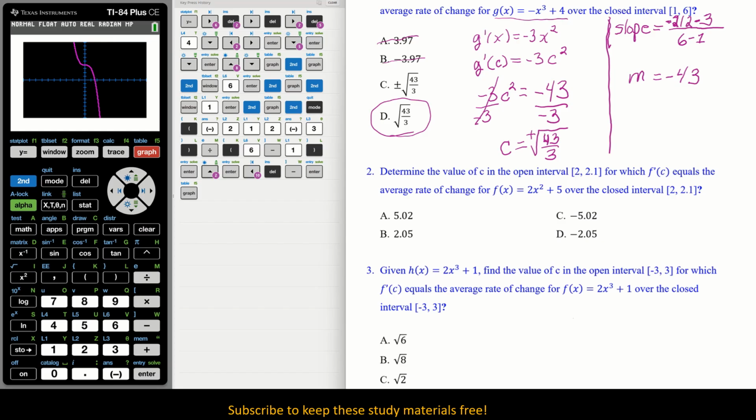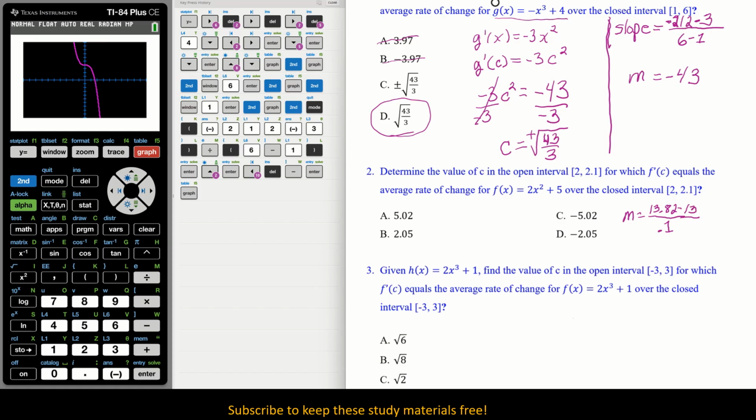Okay, so we have m equals, and that is 2.1 minus 2 is 1.1, okay, obviously. And then we have 13.82 minus the 13.